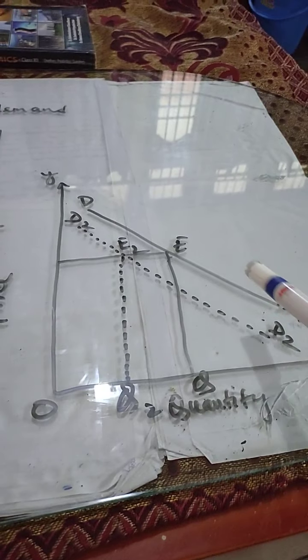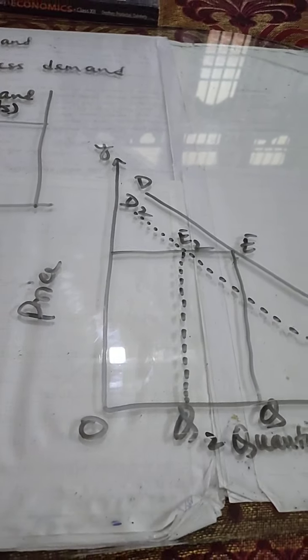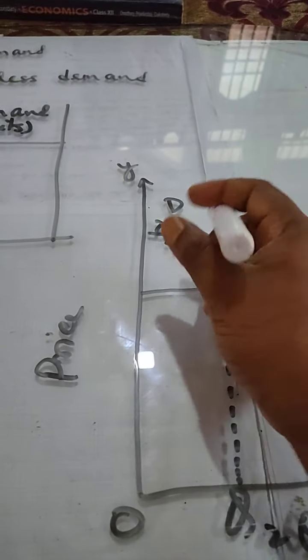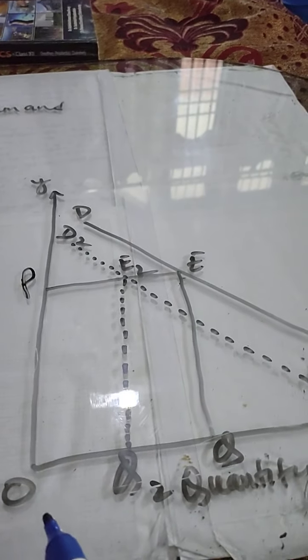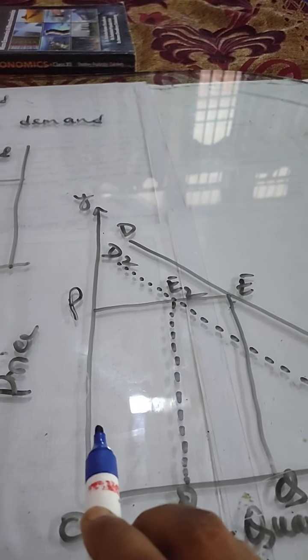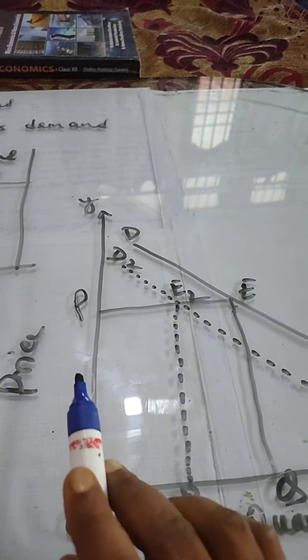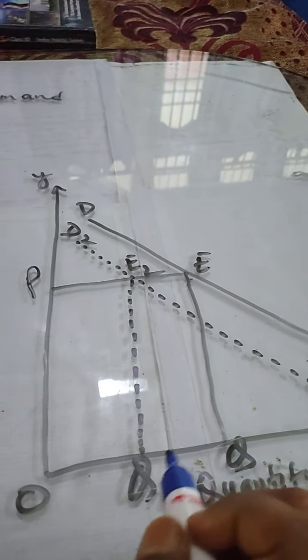Here DD is the original demand curve, and the price of the commodity is OP. So at point E the amount of demand for the commodity is OQ, and the price is OP. So at OP price, the amount demanded is OQ.